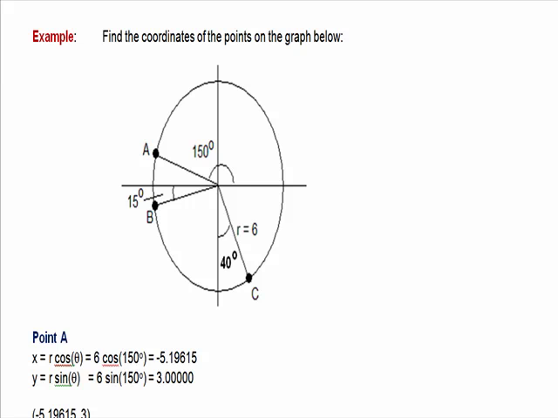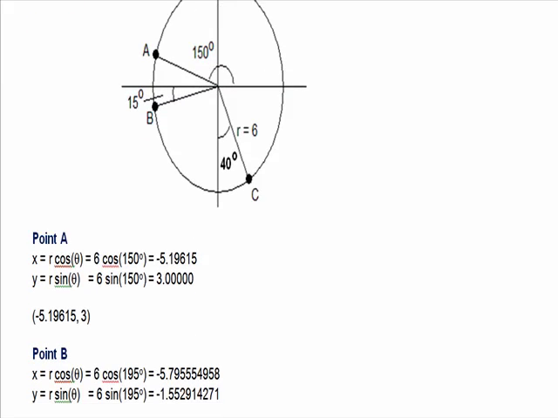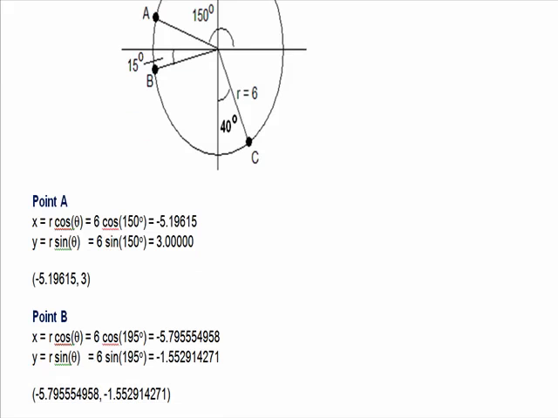And so if I did that, I'd end up getting negative about 5.2. And the y value would be r sine theta, so that'd be 6 sine 150. And remember, the sine of 150 is 1/2, so I end up getting 6 times 1/2, or 3. And I happen to round these to 5 decimal places, so that's why you'll notice some of this. So then I end up getting the full coordinates of the point.